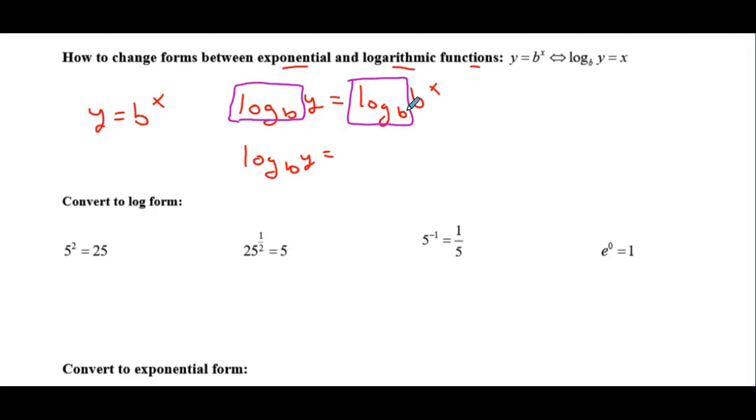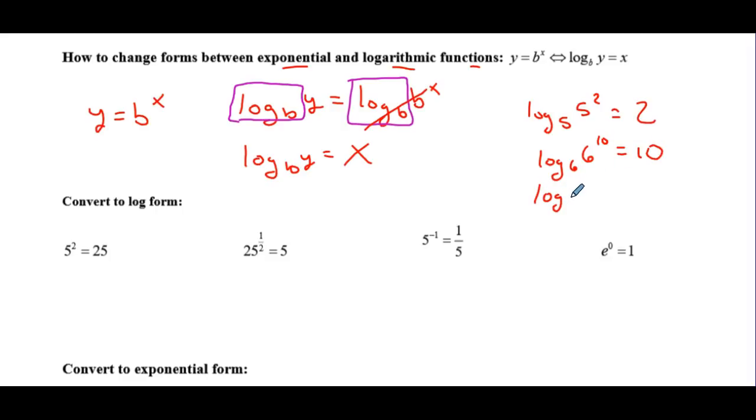What that's going to end up doing is I'm left with log base b of y is equal to, now this is a property here. Anytime you have a log base b of b to the x power, that's just going to cancel out, and you're just going to be left with the exponent x. So, for instance, log base 5 of 5 squared is 2. Log base 6 of 6 to the 10th power is 10.